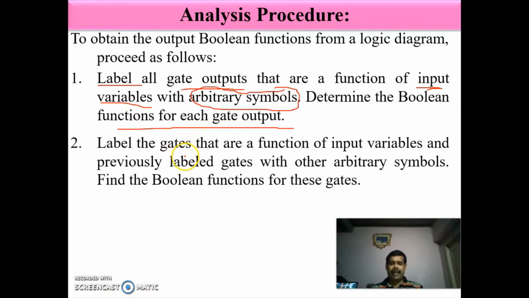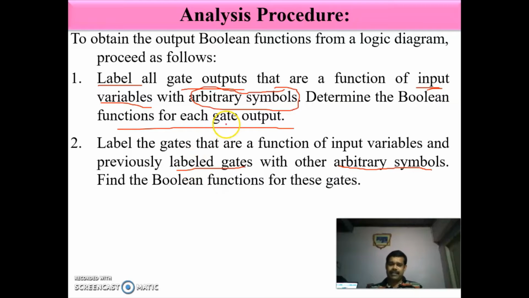Then label the gates that are the function of input variables and previously labeled gates with other arbitrary symbols. So the first level of gates from the input we have labeled. Then we have to label the next level of gates.